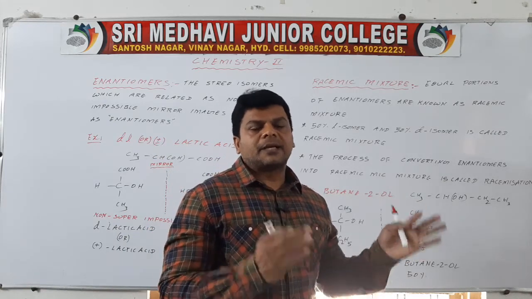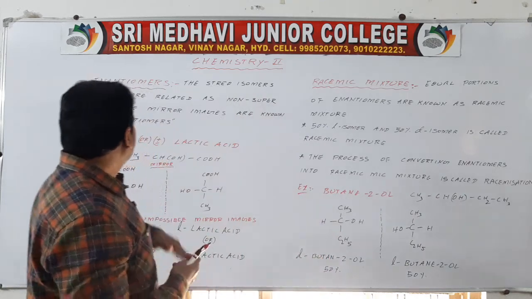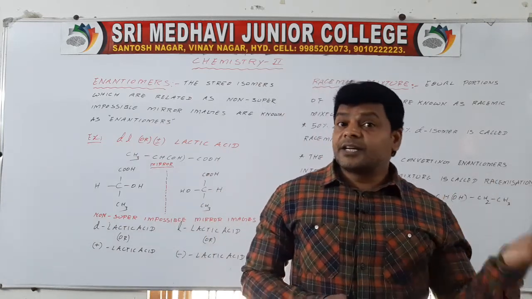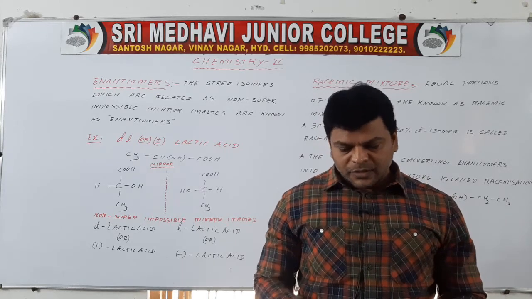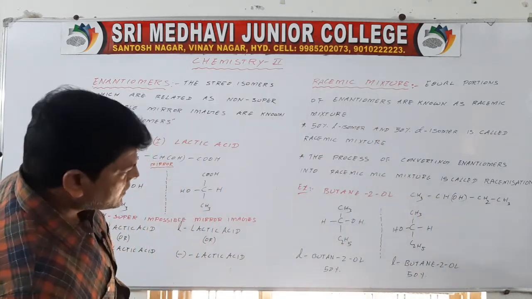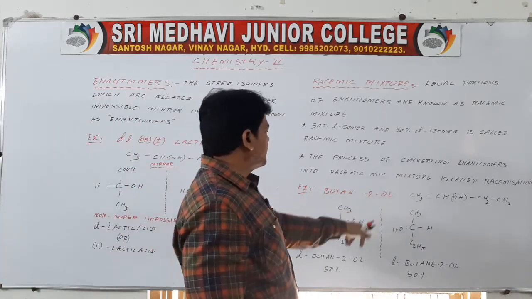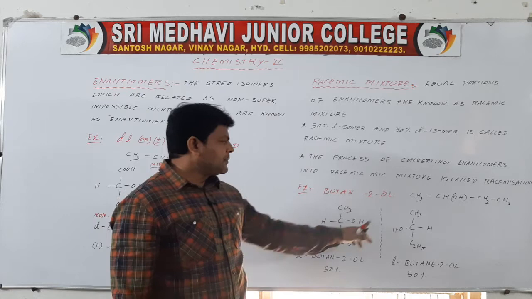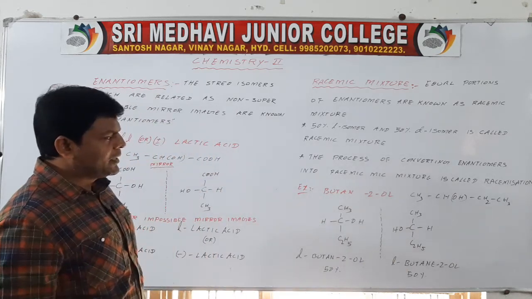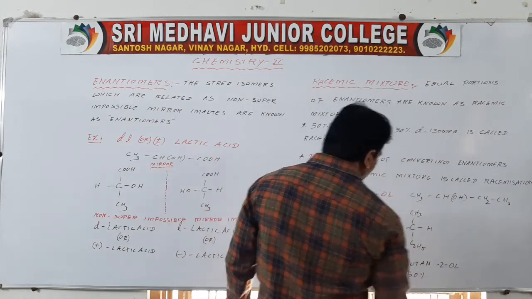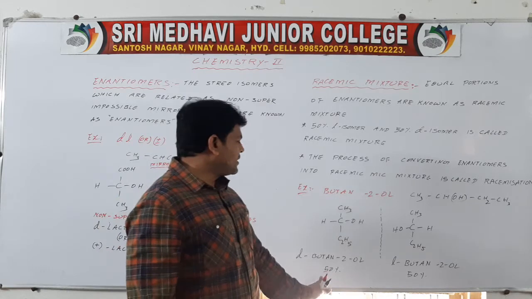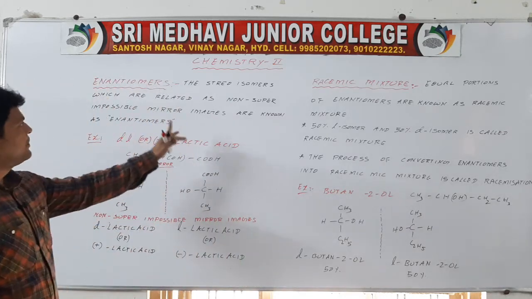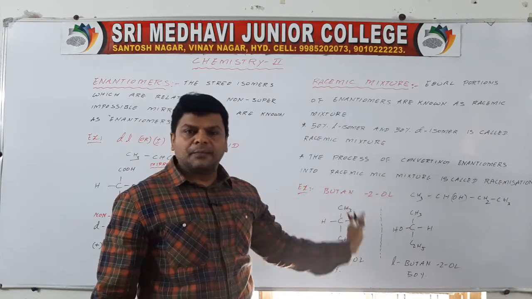So this is enantiomers and this is a racemic mixture. Next you have to know retention configuration and inversion configuration. Understand, it is butane-2-ol: H on the left side is D-butane-2-ol and H on the right side is L-butane-2-ol. 50% of the D isomer and 50% of the L isomer is a racemic mixture. These two are very important.